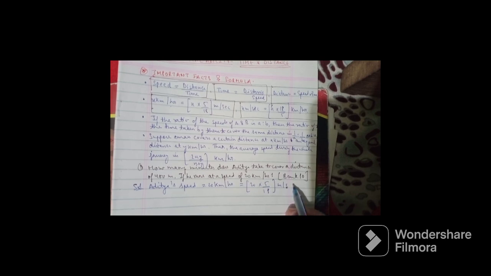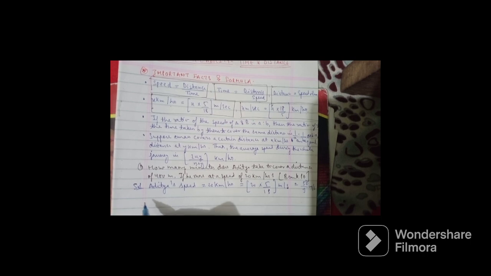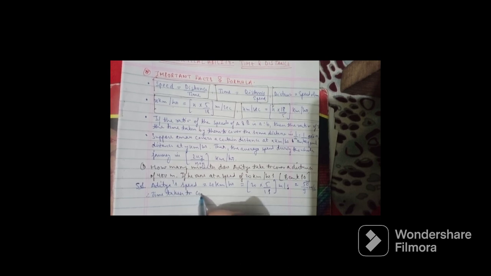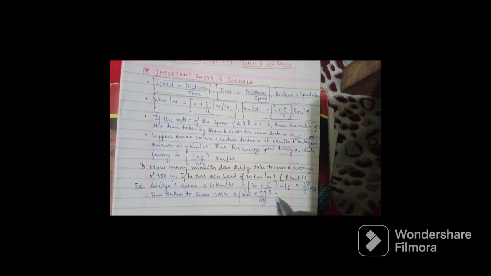15, that is meter per second, and it will be 50/9 meter per second. So time taken to cover 400 meter, 400 into 9/50, 0 being 0 cancel out, 5 ones are 5, 5 eights are 40, so 8 nines are 72 seconds.